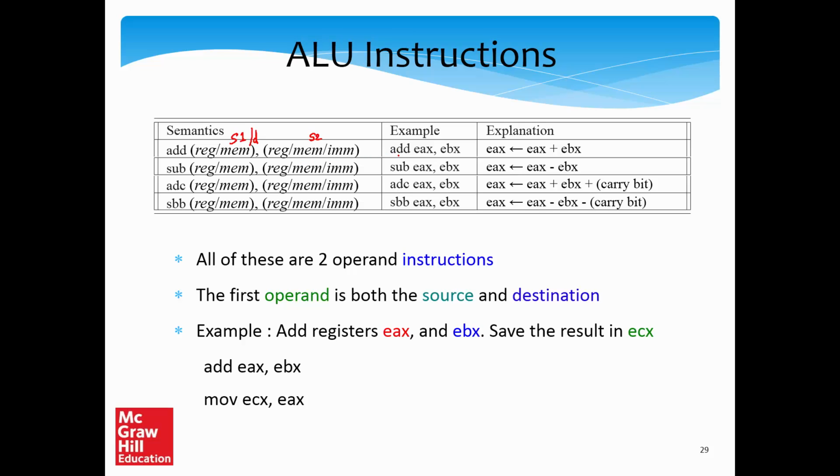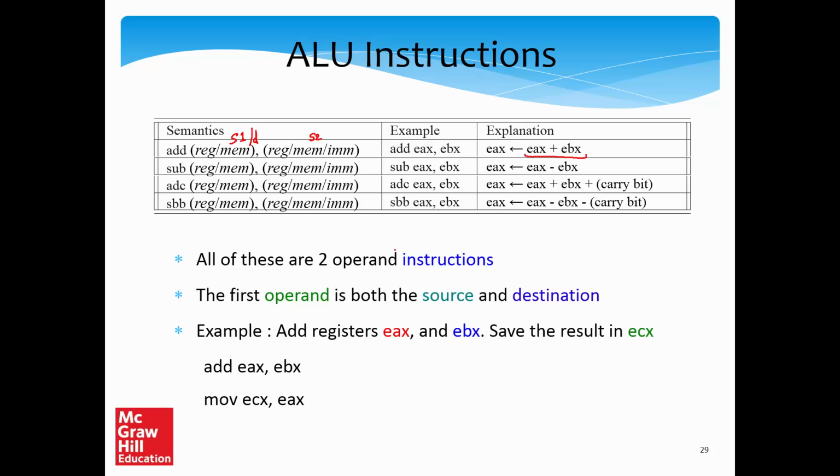For example, if we have add EAX, EBX, in this case the explanation is that we are setting EAX equal to EAX plus EBX. So mind you, the same rules hold. The rules are that both the source operands S1 and S2 cannot be memory operands. Only one of them can be a memory operand.